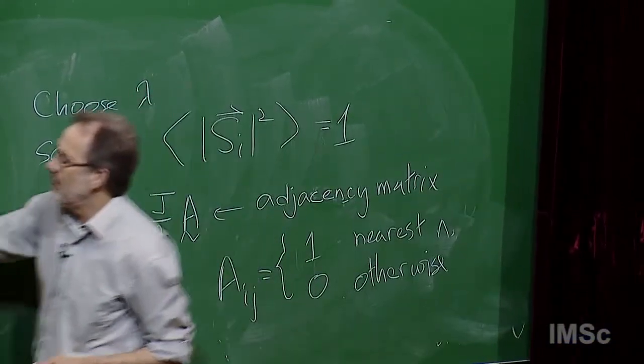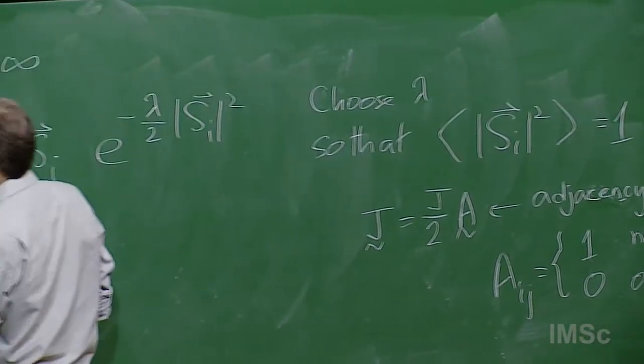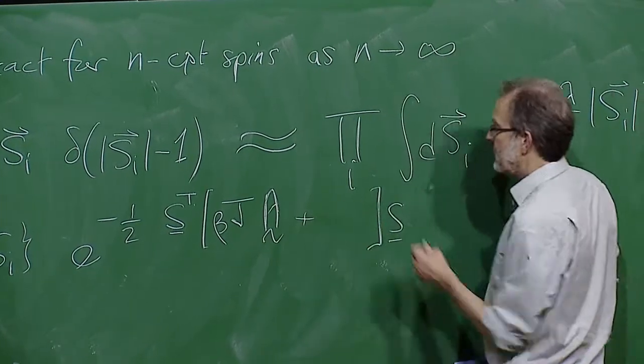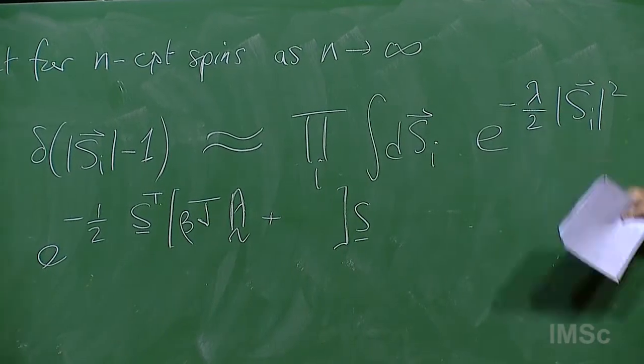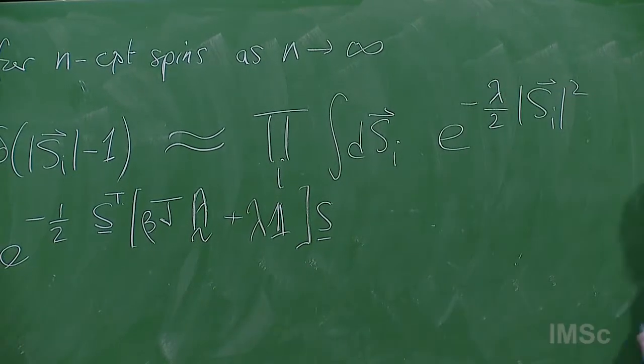And then this thing here I can write as beta, the inverse temperature, times J, times the adjacency matrix, plus, and then from this term I've got lambda times the unit matrix.